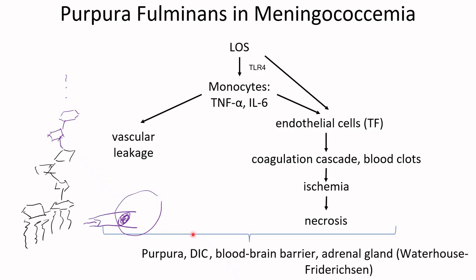Okay, what else can occur? We know that Neisseria meningitidis is very good at crossing the blood-brain barrier, much better than other bacteria. So if you have meningococcus in the blood, it is much more likely to cross the blood-brain barrier and lead to meningitis than other bacteria.